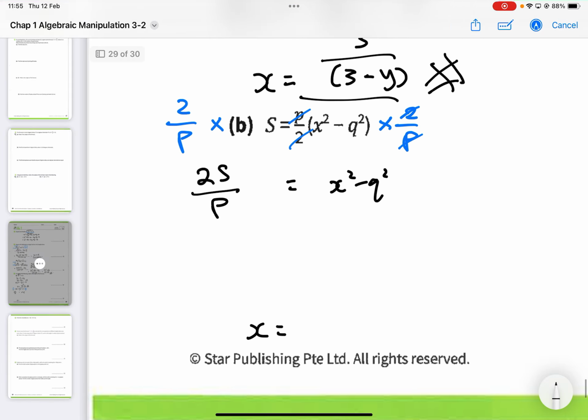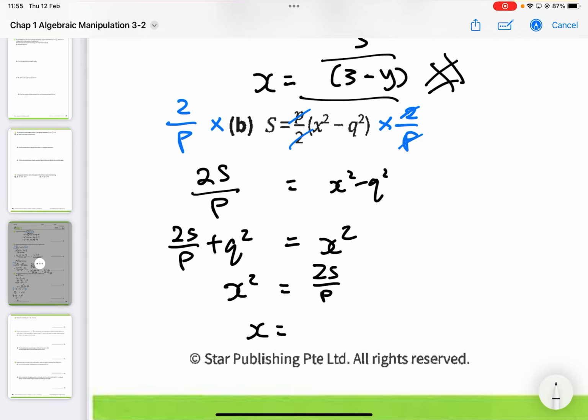Okay? Continue. I don't want my q squared term to be with my x squared term. So I add a q squared to both sides. Okay? Then let me put my x squared on the left, put my 2s over p plus q squared on the right.